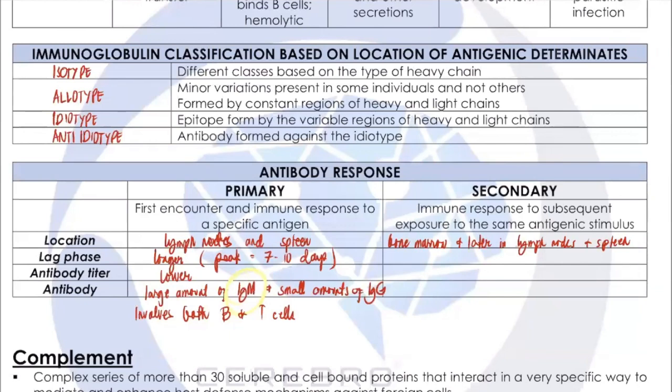Again, you respond faster this time because you already know the antigen. Therefore, the lag time is shorter and you reach the peak of antibody production within 3 to 5 days.